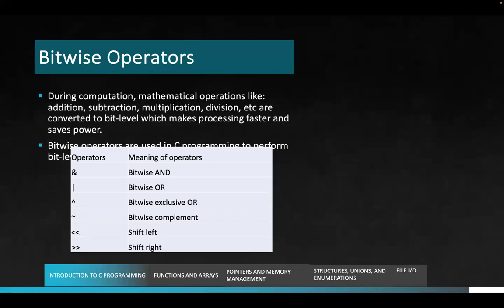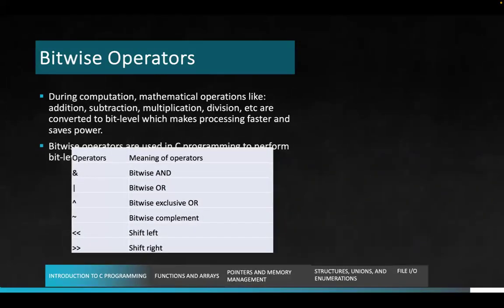If you want to execute your program faster, you have to use these bit operators instead of logical operators. Again, it performs the same way: ampersand is bitwise AND, slash is bitwise OR, tilde is bitwise complement, then less than, greater than, left shift and right shift.